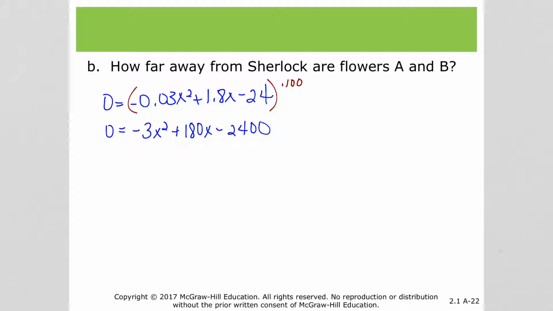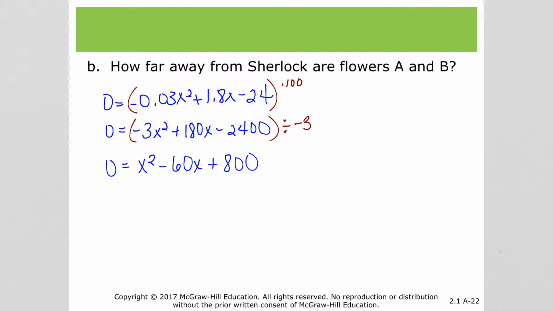And then it would be also nice to get rid of the -3, so we can factor nice and easy. Can we divide by 3 here? Sure we can. So we'll divide everything by -3, and that'll just make things look better and easier for us to work with.